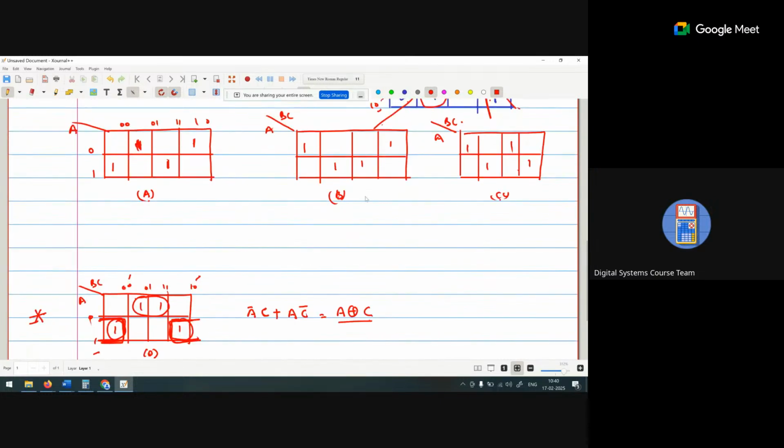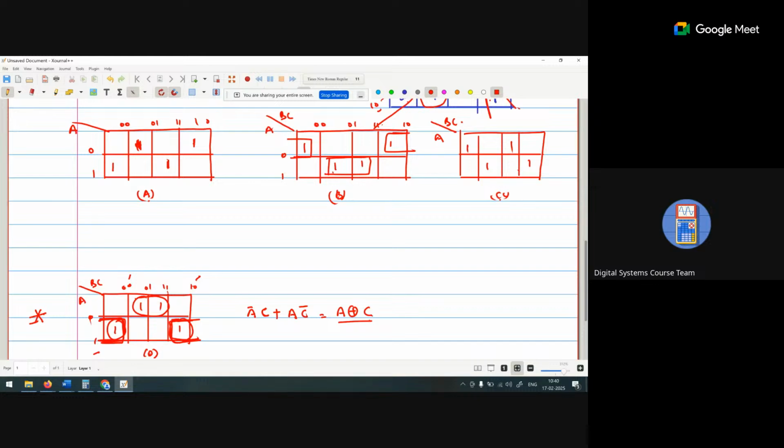Now we go with option B. Again, the same scenario. Create a group of these two and this one.